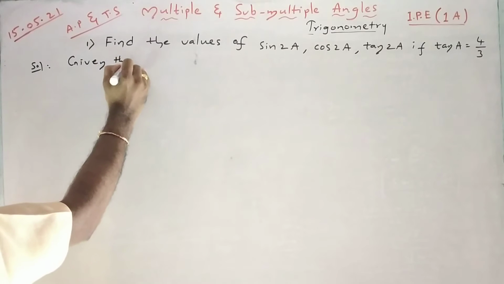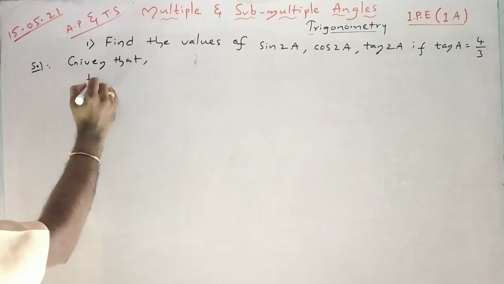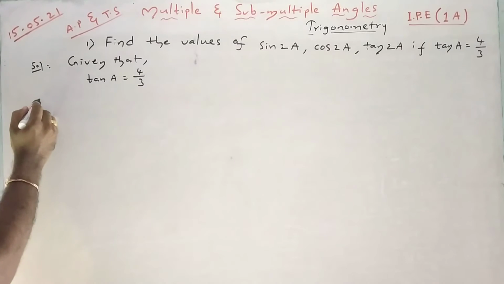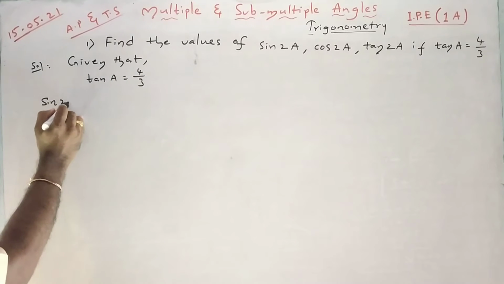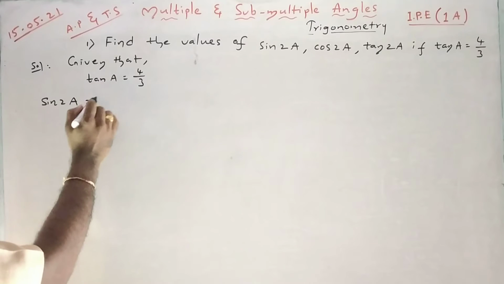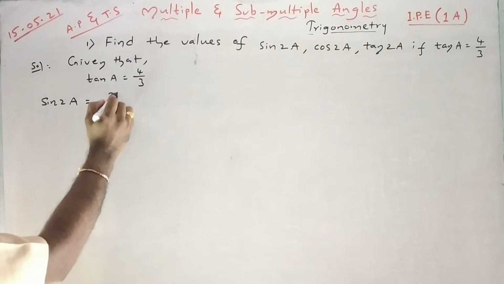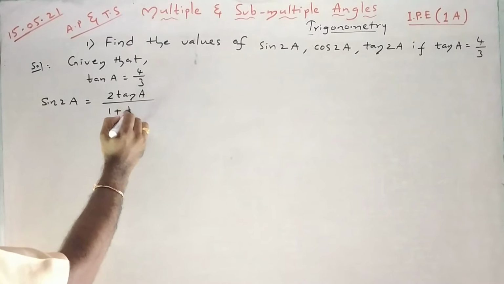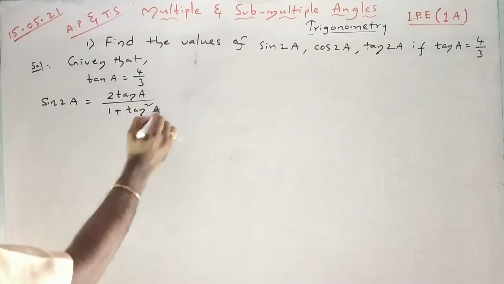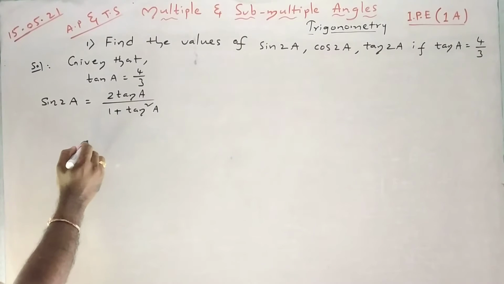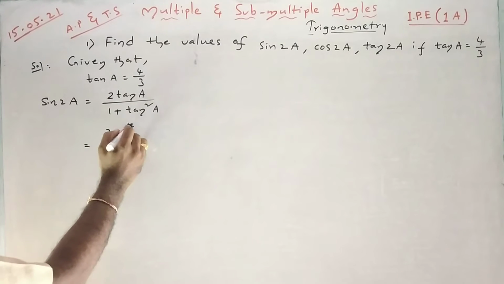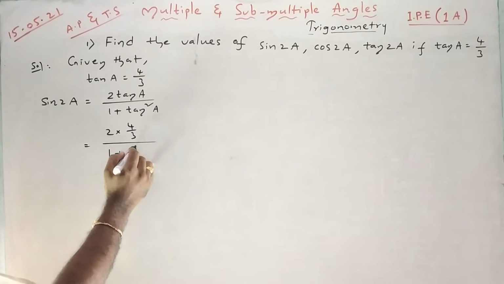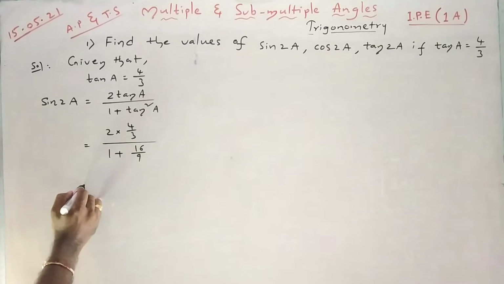Given that tan a equal to 4 by 3. So first one, sin 2a. When we are given tan a, for sin 2a we have one formula, that is 2 tan a by 1 plus tan square a. Okay. 2 times tan a is 4 by 3, 1 plus tan square a, that is 16 by 9.